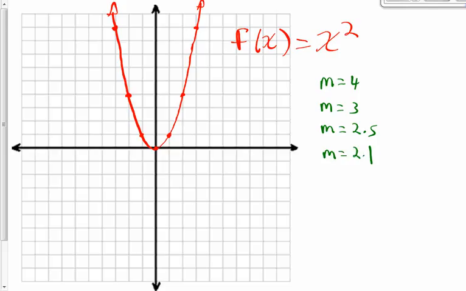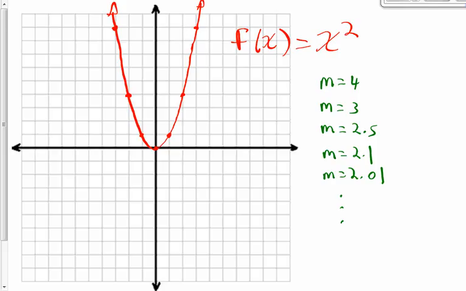And the last one I just did gave me the slope of 2.01. So each successive secant line gives me a slope closer and closer to the number 2. Do you see that? If you continue this on forever, you would get arbitrarily close to the number 2.